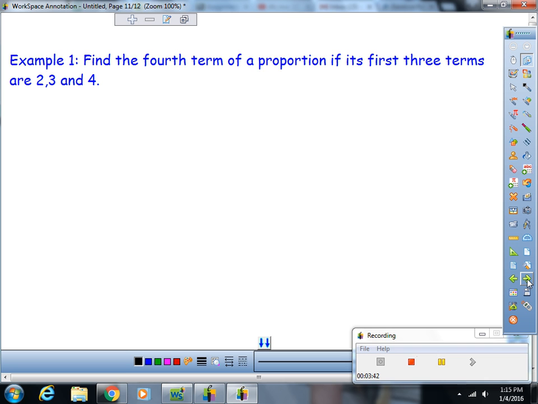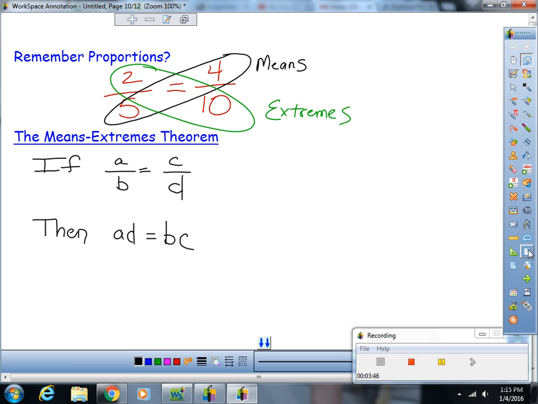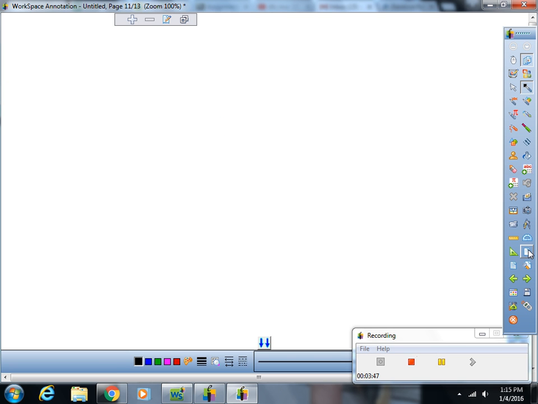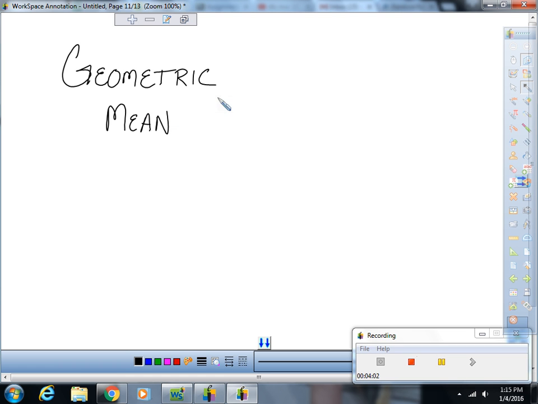Okay, so I skipped one. The geometric mean is something that's new. So remember, how do we find the arithmetic mean? You would add them and then divide them, okay?